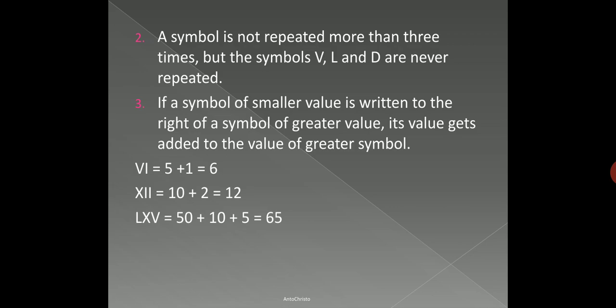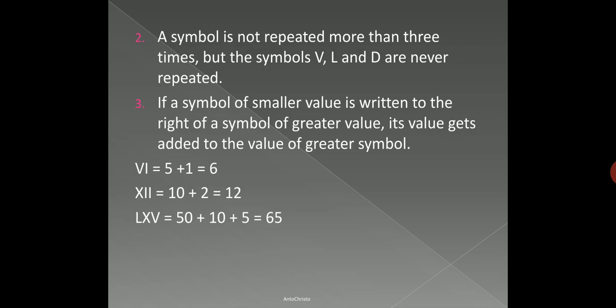Rule 3: if a symbol of smaller value is written to the right of a symbol of greater value, its value gets added to the value of the greater symbol. So if you write a smaller symbol after the bigger symbol, then you will add them. Look at the example. VI we have written, which is equal to V represents 5 and I represents 1. So 5 plus 1 is 6.